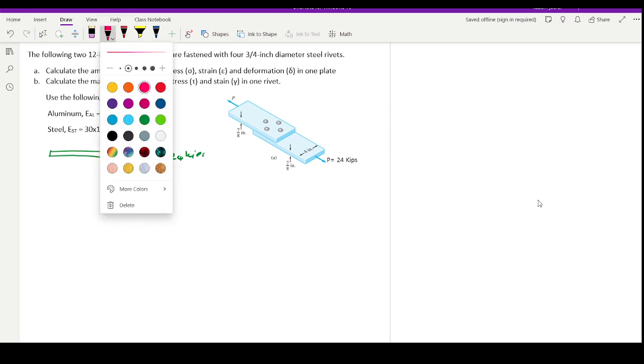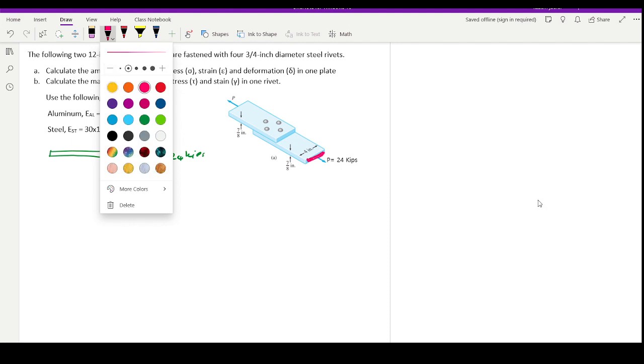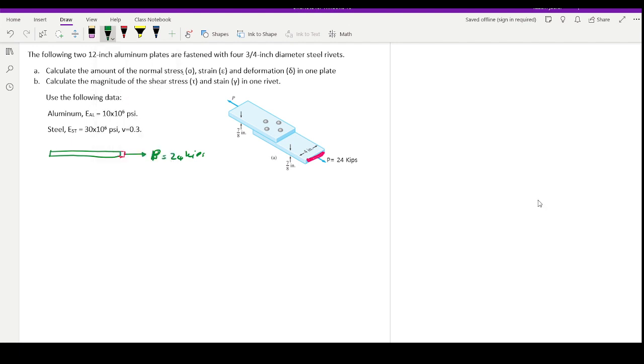The area that we will deal with is the area that this force is perpendicular to, that surface. So to find the requested parameters sigma, epsilon, and delta, we just have to follow these equations step by step.